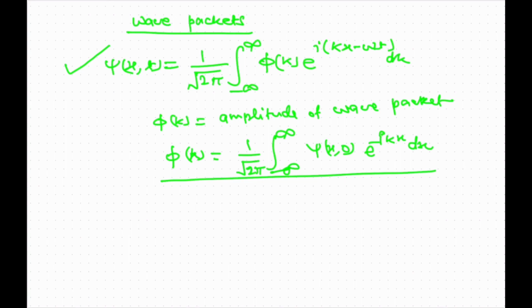Only probabilistic outcomes are possible. Second subtlety: the wave packet and the particle travel with the same speed, and that is given by the group velocity, which is equal to p by m, that is the group speed or the speed of the whole packet. And third subtlety: now the wave function is normalized.